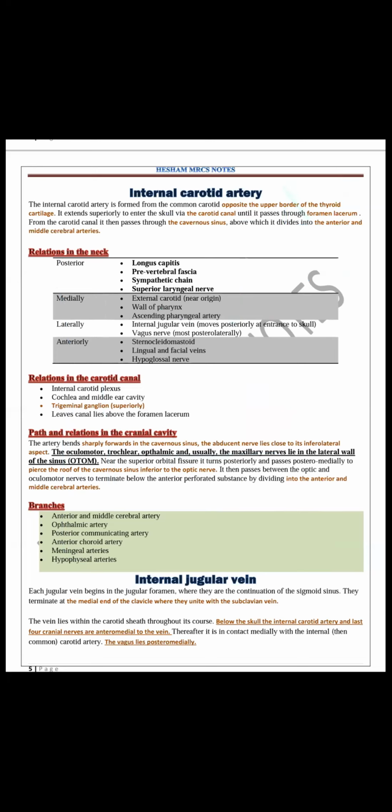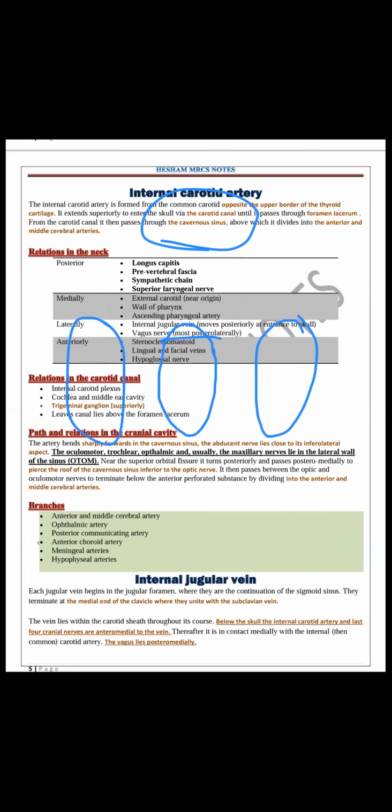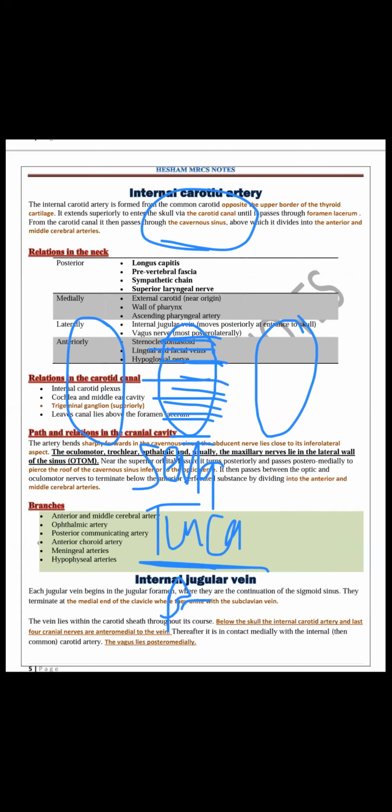After it passes here, it goes within one of the dural venous sinuses, called the cavernous sinus, which is found opposite both sides of the pituitary gland. Here I have the pituitary gland found within part of the skull called the sella turcica, which is opposite the body of the sphenoid bone.